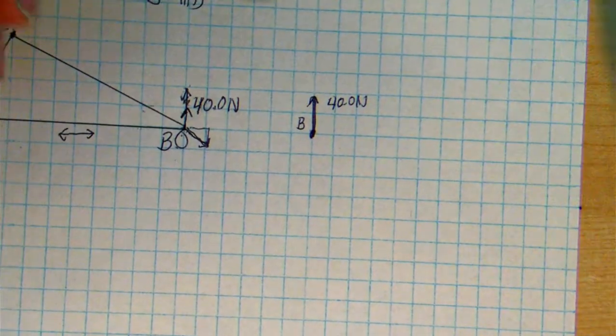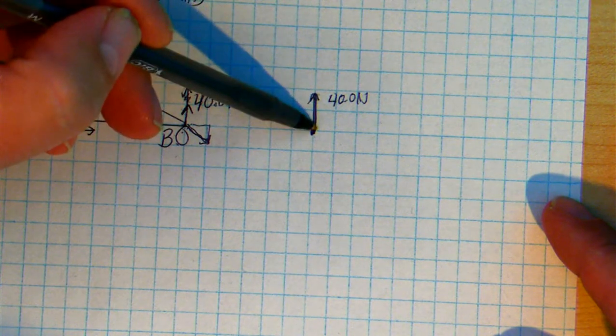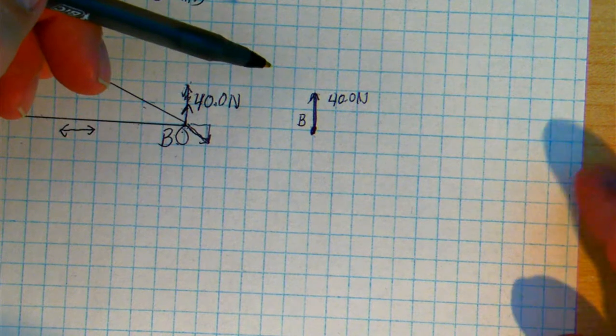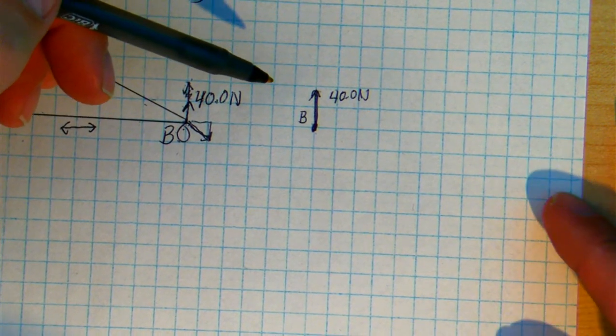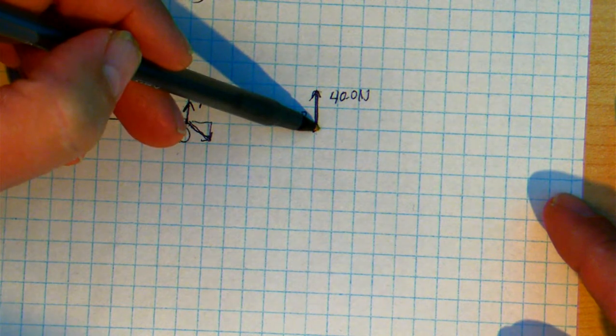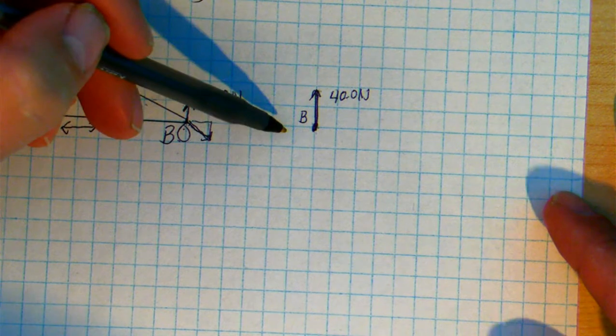Motion and forces in one dimension are independent of the forces and motions in a perpendicular direction. So anything that's going on vertically is independent of whatever's going on horizontally.